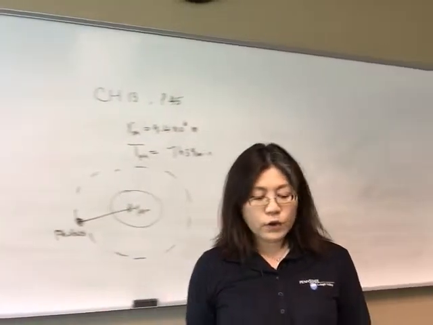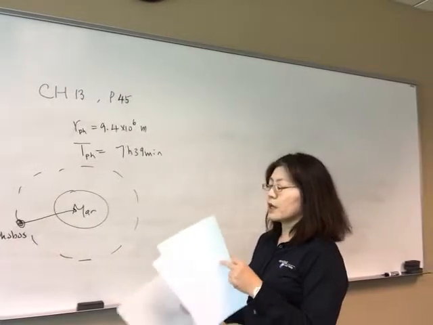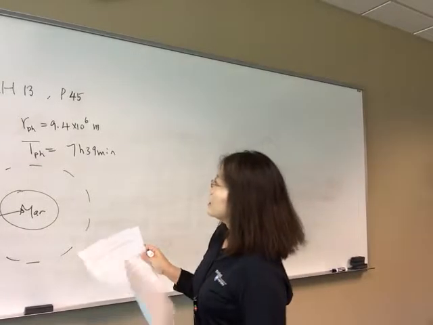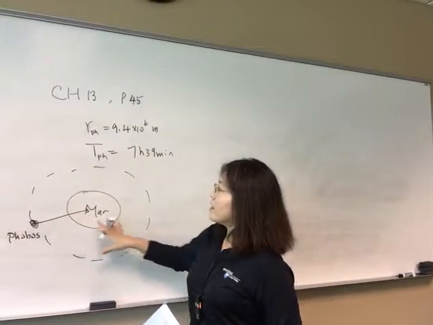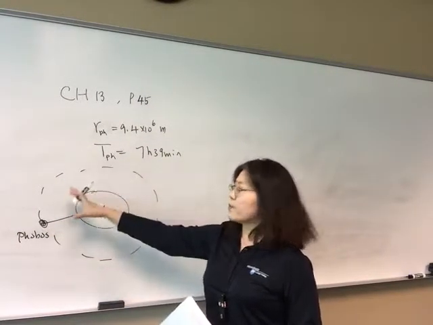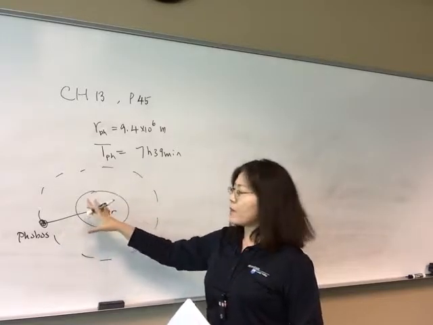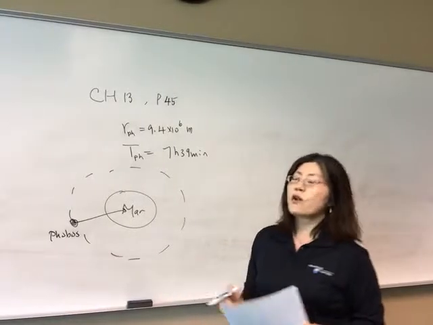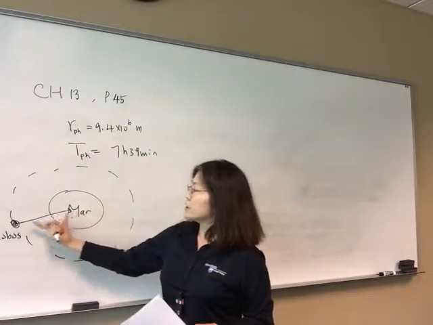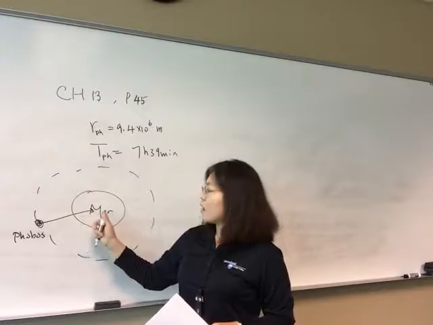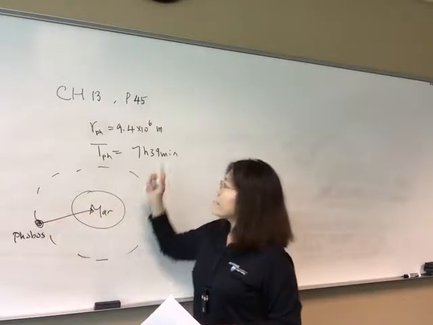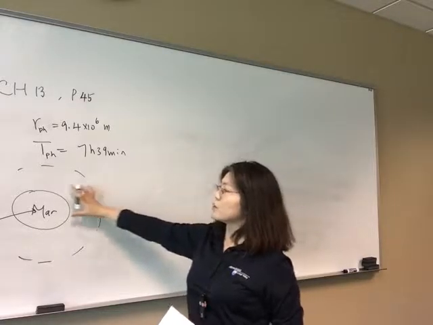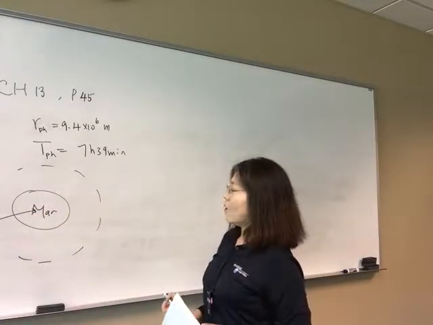That's very useful because this is how we deduce the mass of a distant object, just based on the radius and the period. The period is easy to observe by counting how many revolutions it makes within a certain time frame. There are ways to deduce the radius of the orbit, and based on these two pieces of information, you can deduce the mass of Mars. Where do we start?